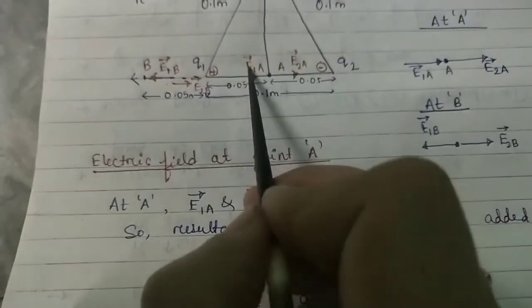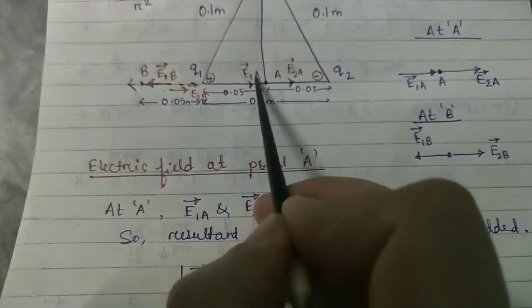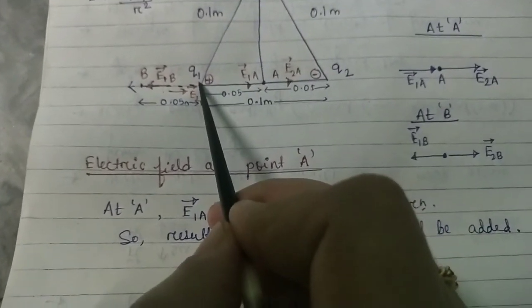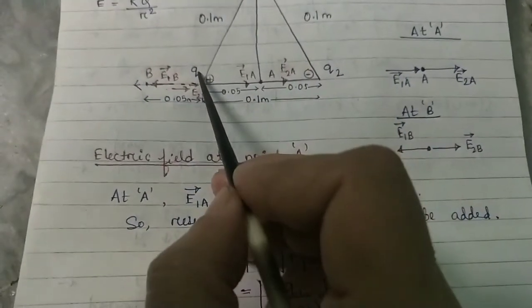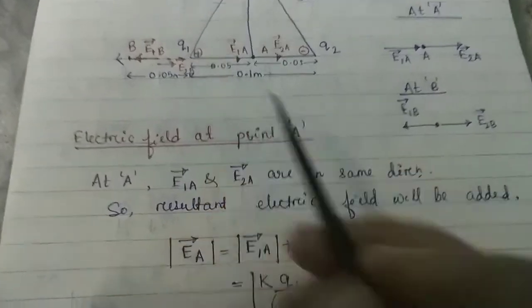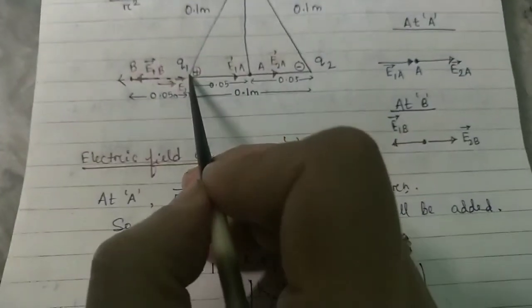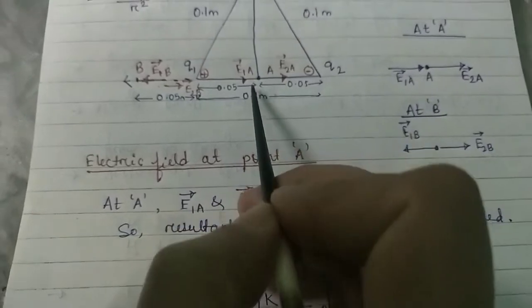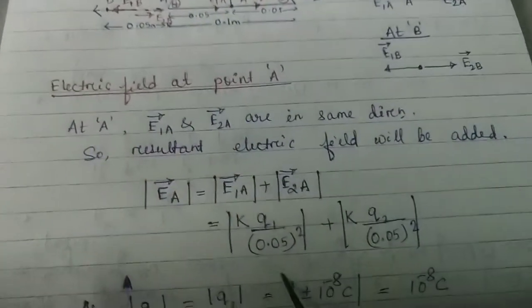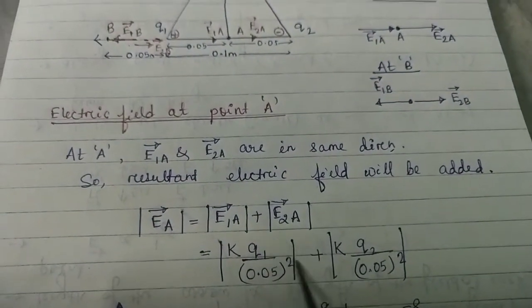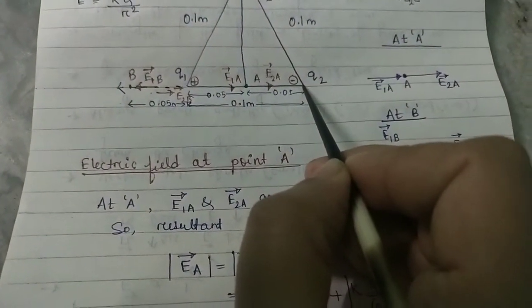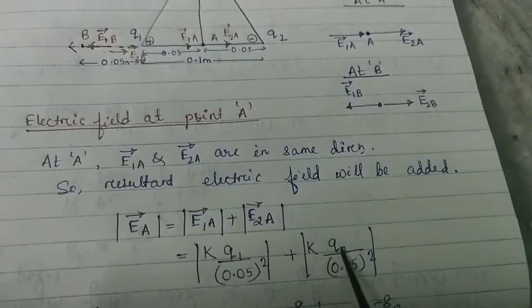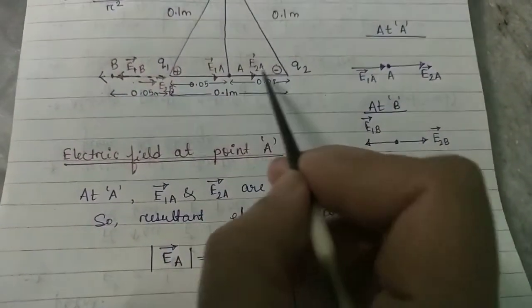What is the magnitude of E1A? E1A due to this Q1 is equal to K into Q1. What is the distance between Q1 and point A? It is 0.05, square, plus E2 due to second charge, so K into Q2. What is again the distance between A and Q2?